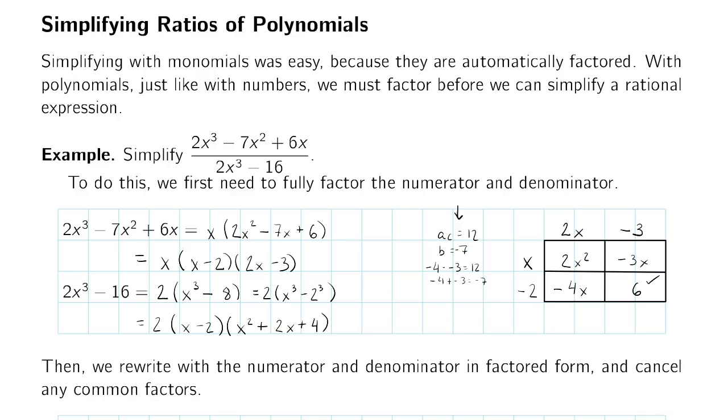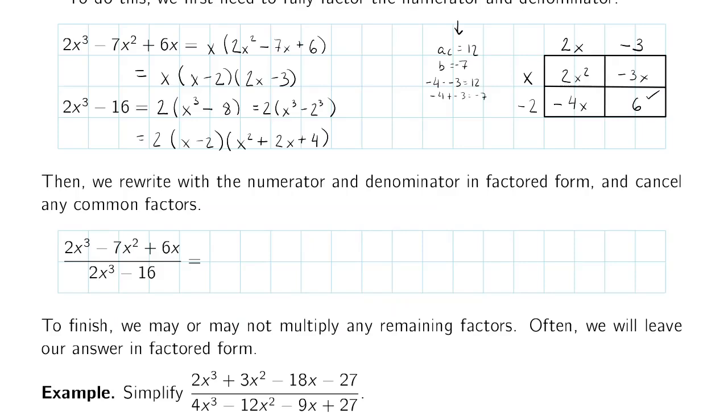Now we rewrite our original rational expression with our numerator and denominator in factored form. So our numerator factored as x times x minus 2 times 2x minus 3. Our denominator factored as 2 times x minus 2 times x squared plus 2x plus 4.